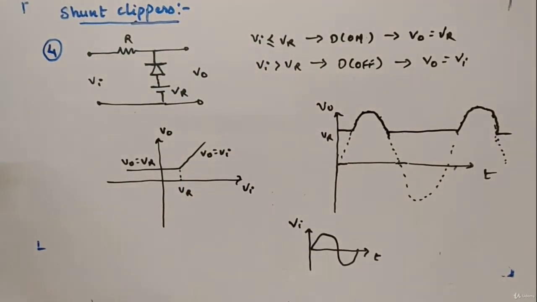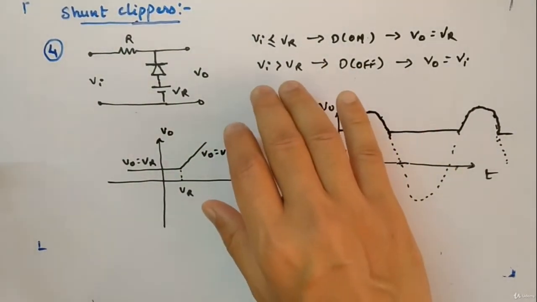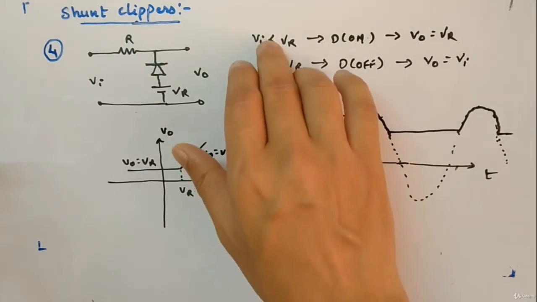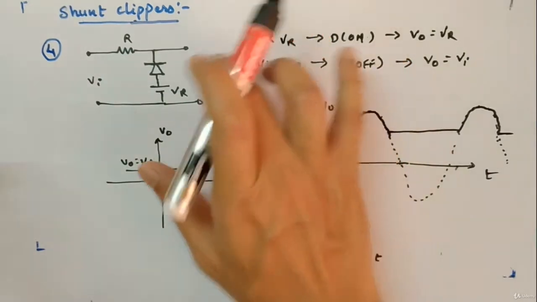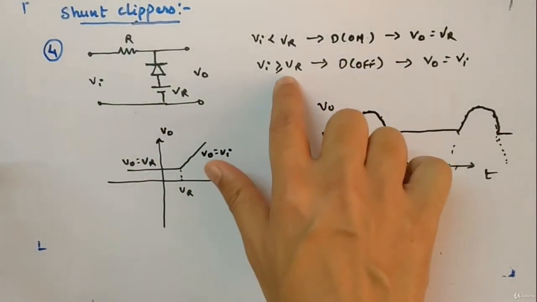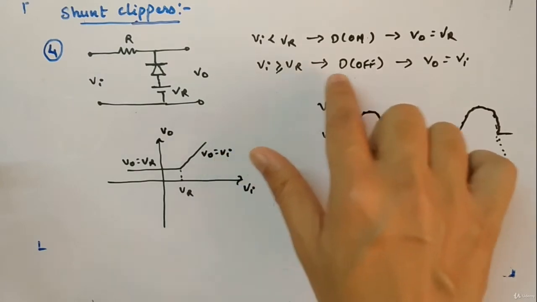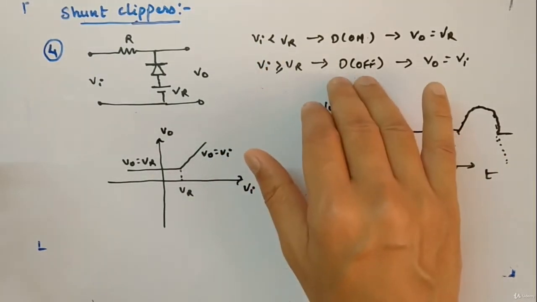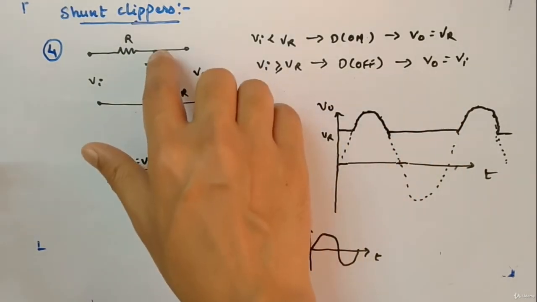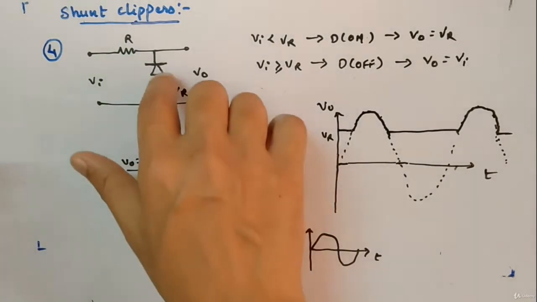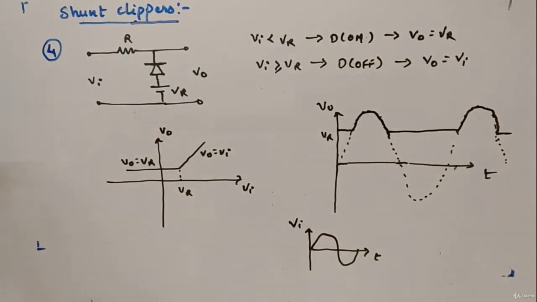In the off condition it is there. If Vi is greater than or equal to VR, the diode will be off. If this is off, Vi will be equal to V0.